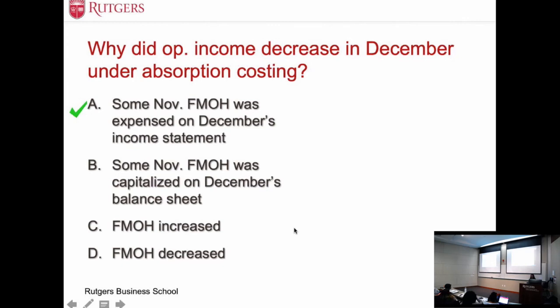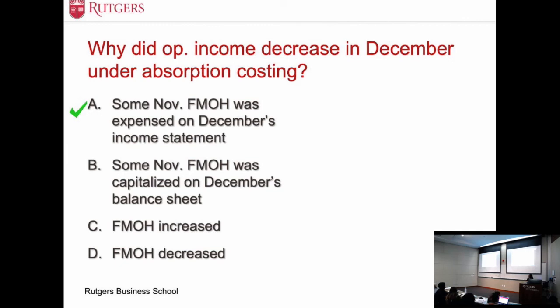Okay, so for B, we said that part of the fixed overhead has been capitalized in November when we produce more than we sell, and that's when part of the fixed overhead has been left in the ending balance, and we call it capitalized.